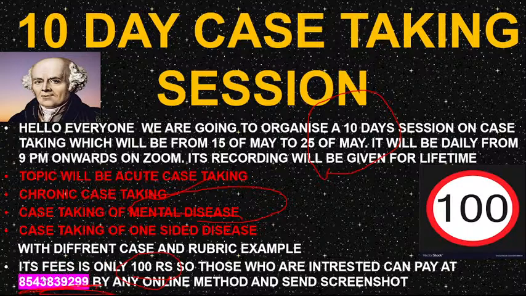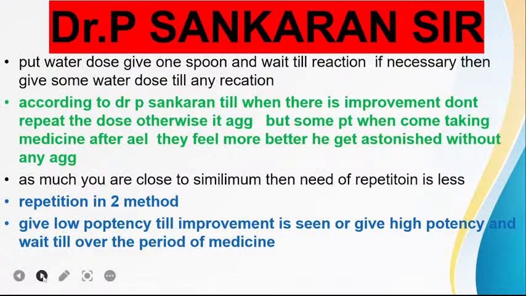Now we are going to talk about the concepts of repetition told by our old doctors. Many methods have been told that are very beneficial for our clinical purposes. Now the experience of the great homeopath Dr. P. Sankaran, the father of Dr. Rajan Sankaran.